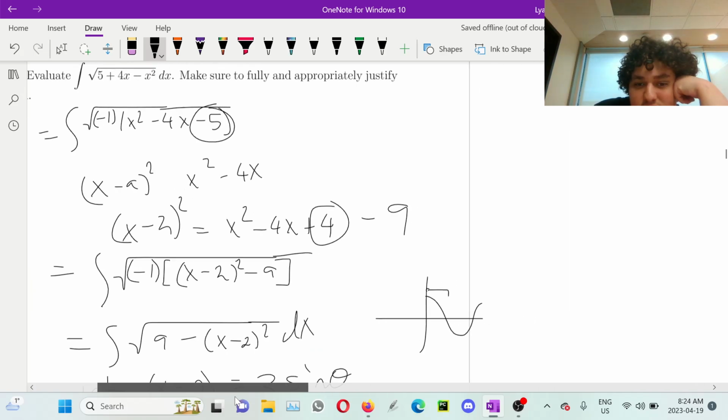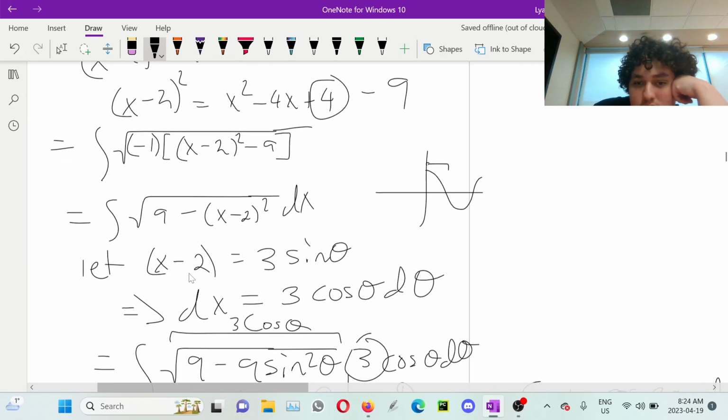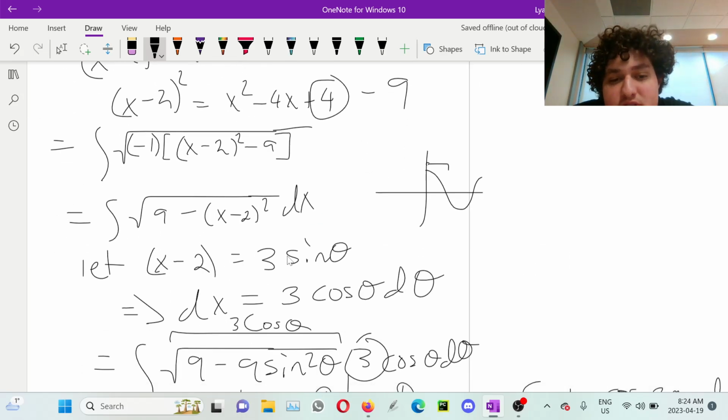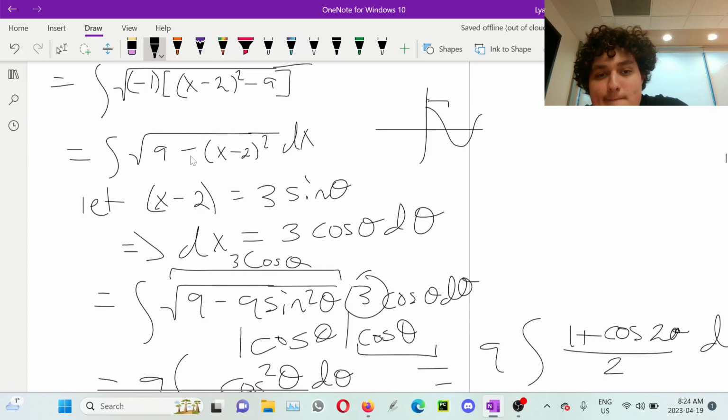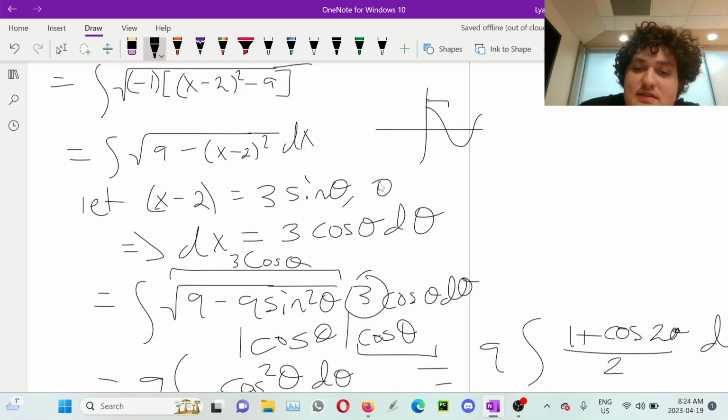We define x minus 2 to be 3 sine theta. I guess we should just say that theta is in this interval, maybe we need this interval.